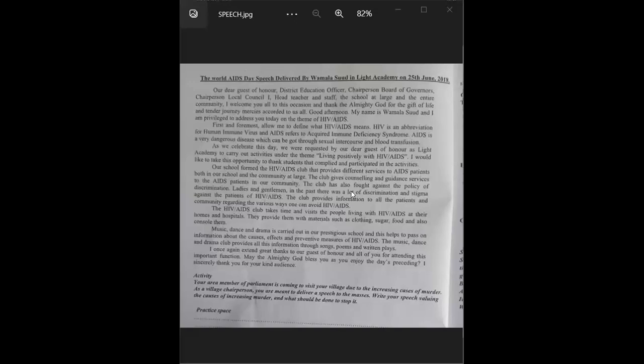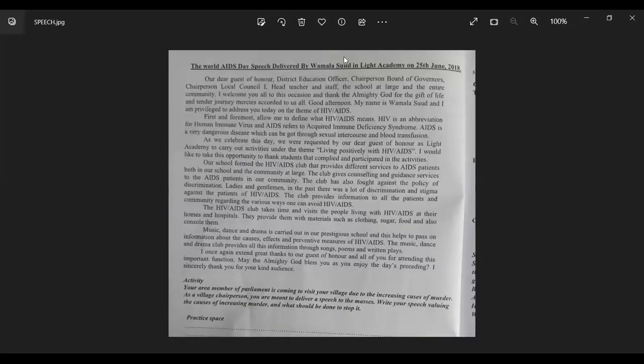It is a speech, therefore it must carry the format of a speech. It must have the title, it must have protocol observed, you must observe protocol, you must introduce yourself, then you must go ahead and introduce what you're going to do.